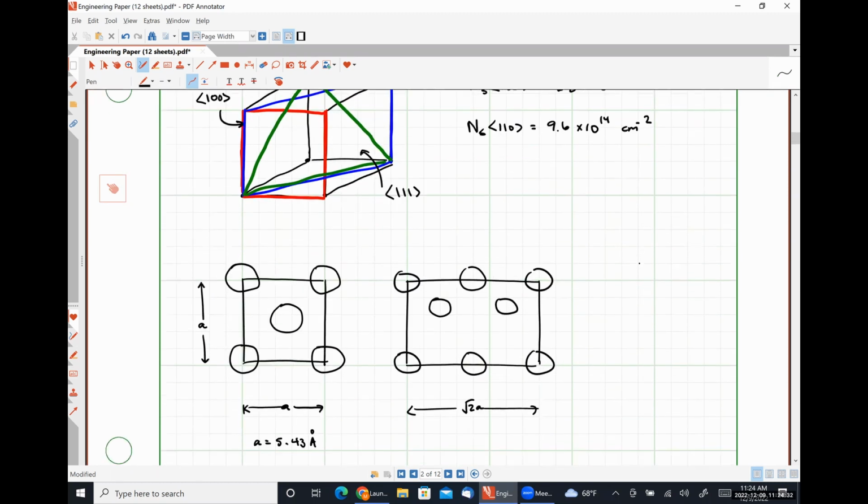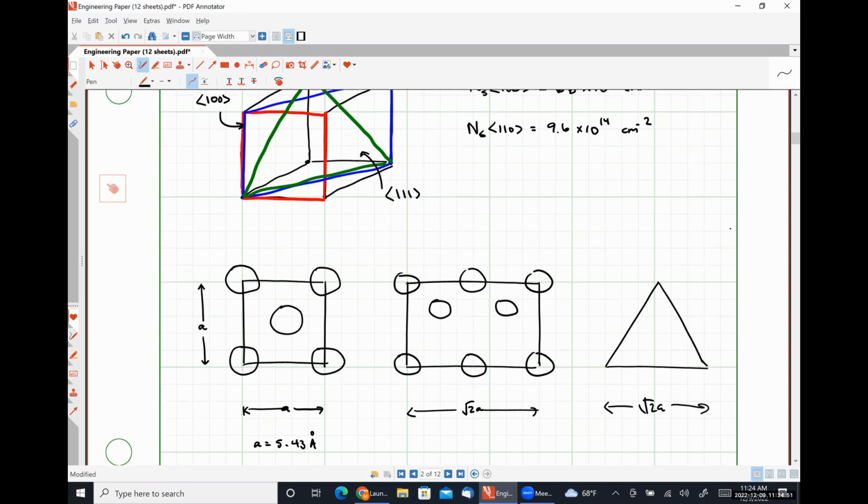This 111 family of planes looks like this, where this length is the square root of 2 times A. And these are equilateral triangles.